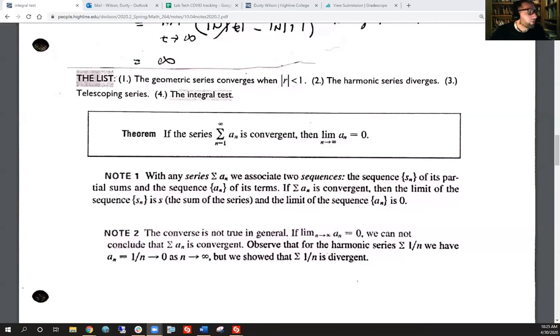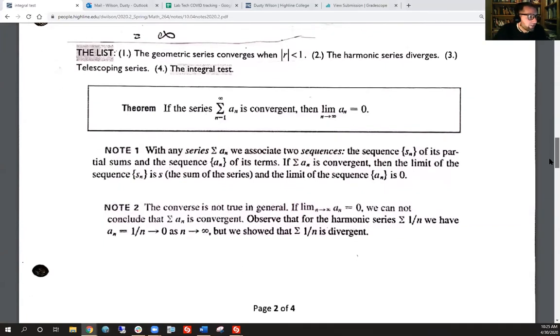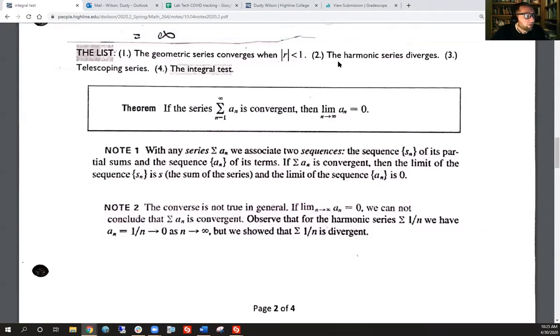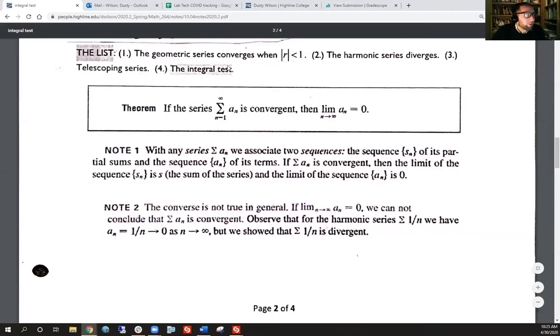So let's go back to our notes for a moment, and let's start by updating the list. We already had the geometric series converges when the absolute value of r is less than 1. We learned again that the harmonic series diverges. At the end of class yesterday, we introduced this idea of a telescoping series.